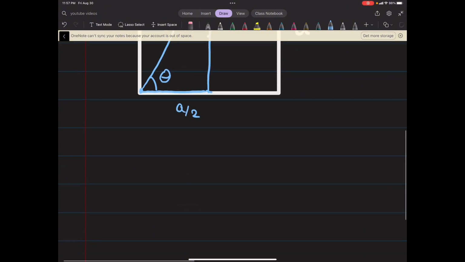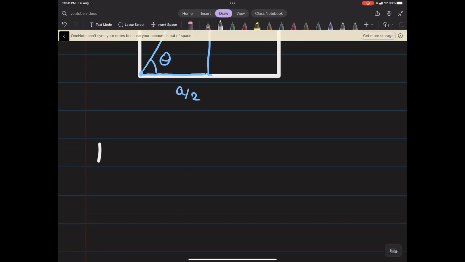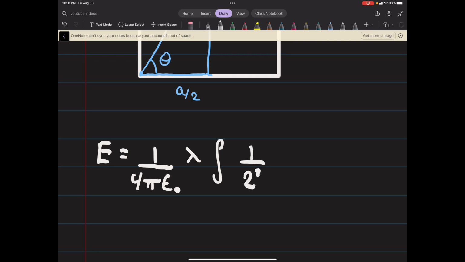Okay, now our electric field is going to be, the lambda's constant, so I'm going to pull that out, 1 over 4 pi epsilon naught lambda, the integral of 1 over script r squared, r hat d tau.